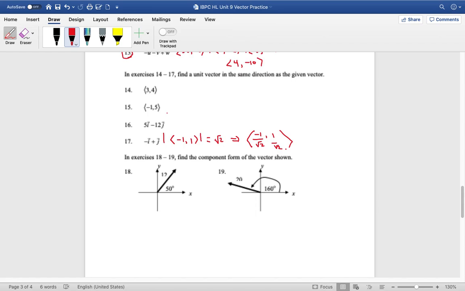And then 18 and 19, also old news. We've done a problem like this before. So number 19 is dealing with the angle. This is asking you to remember that in component form, you need to take the magnitude, and for the x component, you take the cosine, the horizontal component of 160 degrees.